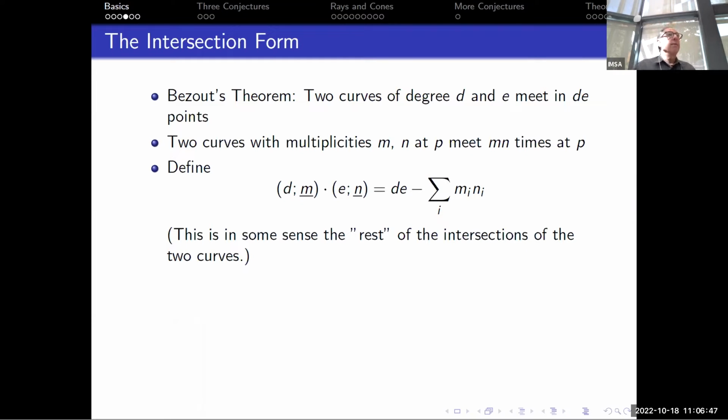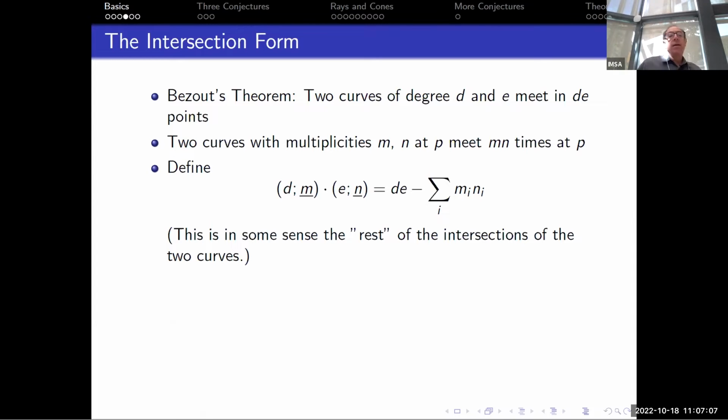Now, if, however, you are forcing these curves to have multiplicity at the same point, then they are forced to meet many times at that point. If one curve has multiplicity m and another curve has multiplicity n, then they are forced to meet m times n times at that point.